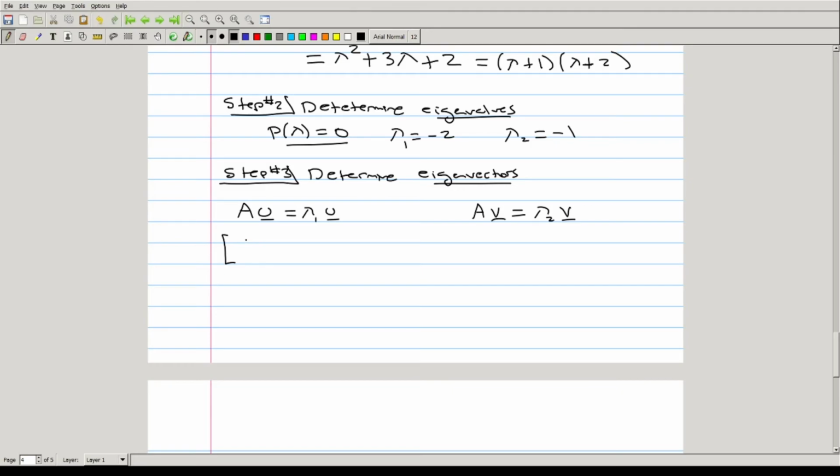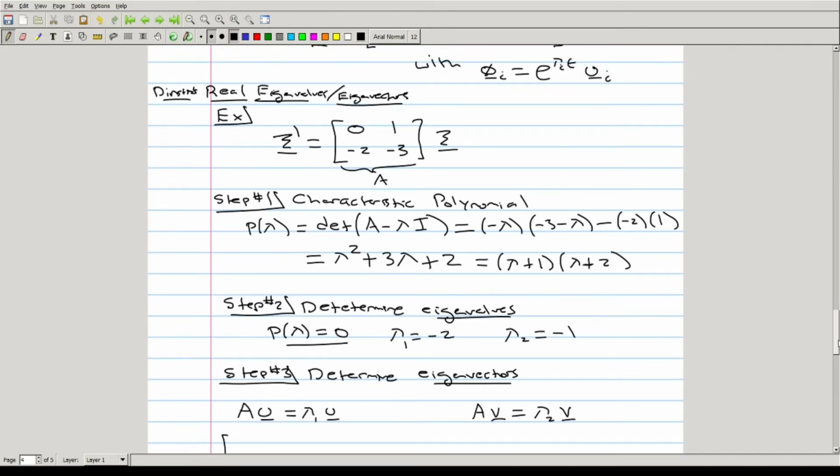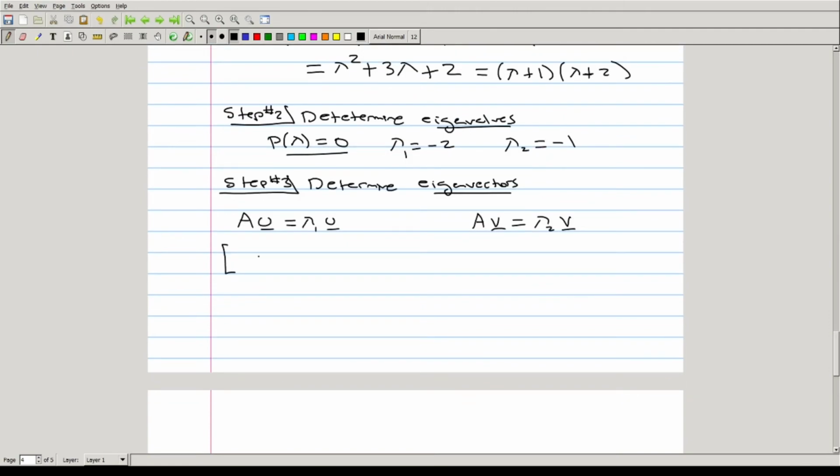This is a matrix A, which is 0, 1, negative 2, negative 3, times u equal to negative 2 times u1, u2.